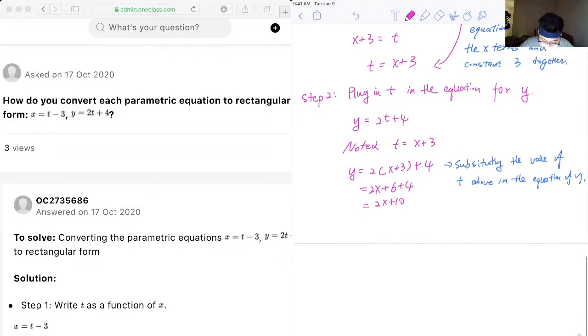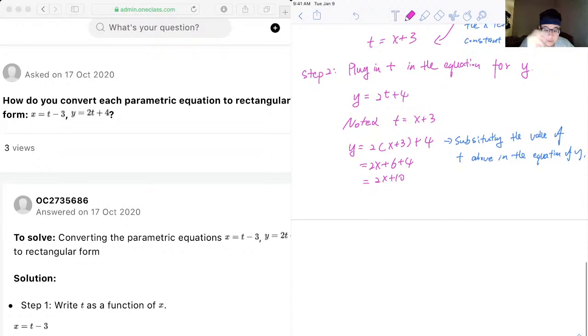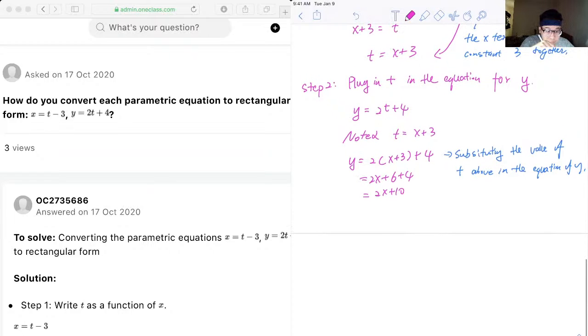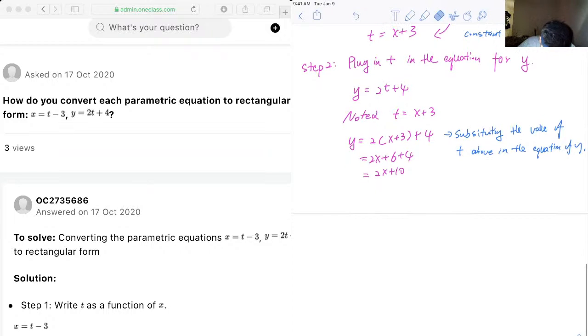Okay, so we're just simplifying by distributing the coefficient in the terms inside the parenthesis, and then we're just further simplifying by adding the constant terms. Okay, so we have 2x plus 10.